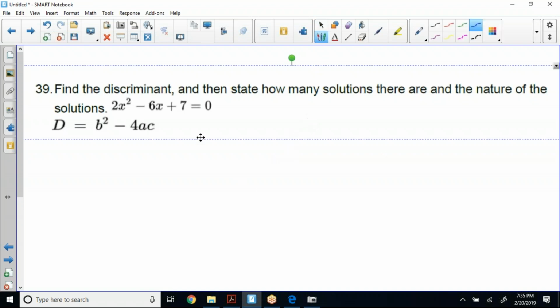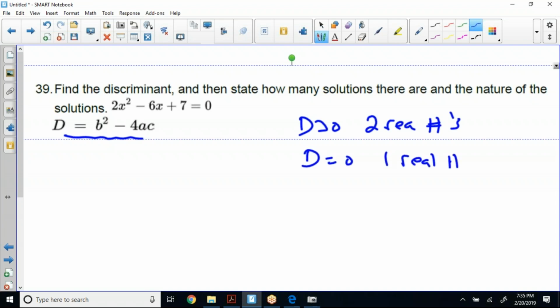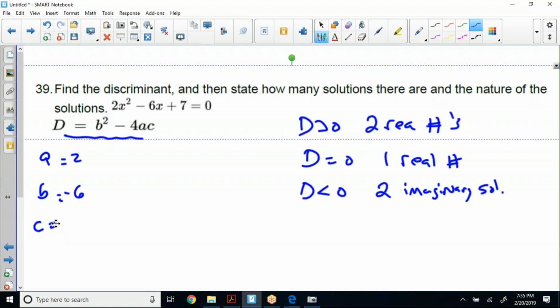If your discriminant is greater than 0, it's 2 real numbers. If your discriminant is equal to 0, 1 real number. If your discriminant is less than 0, 2 imaginary solutions, right? So here we go. We've got a, b, and c. a is 2, b is negative 6, and c is 7.